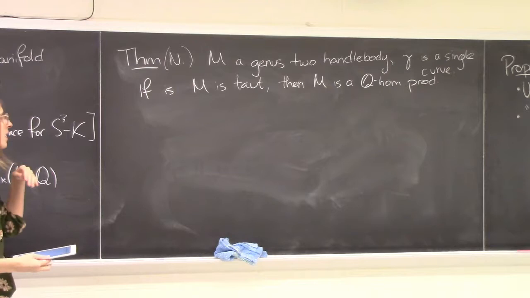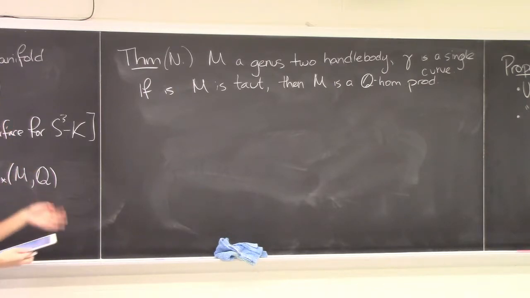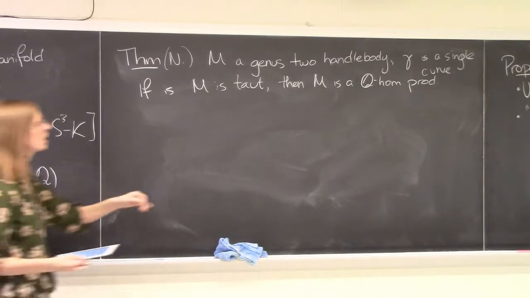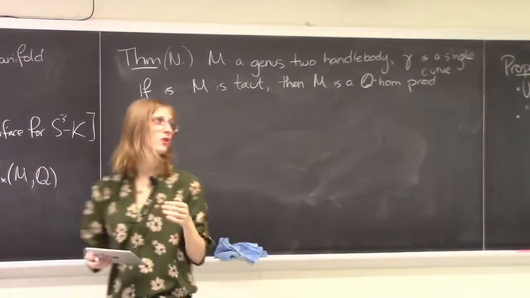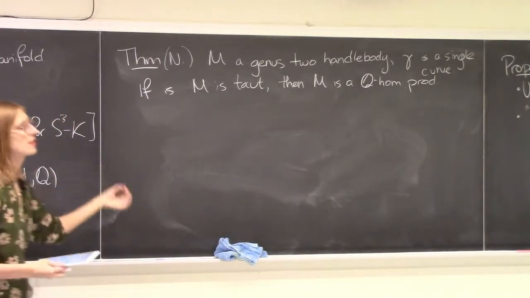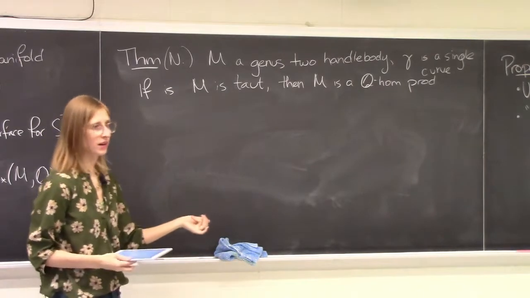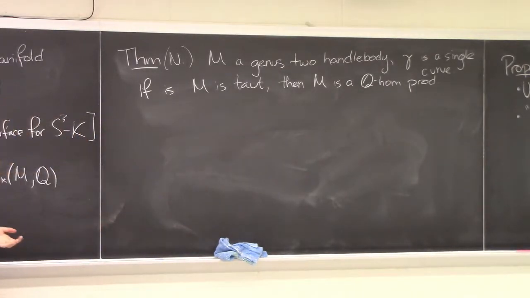And the idea behind this is a little bit delicate. If we don't have this isomorphism, we can see that this says something about what this suture has to be. And I can show that, in fact, this suture has to be trivial in pi1 of the handlebody, which will tell you that you're not taut.